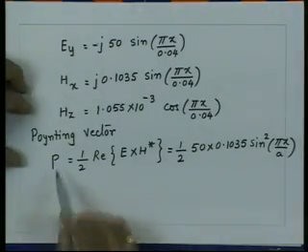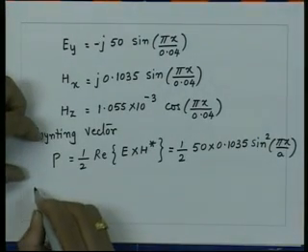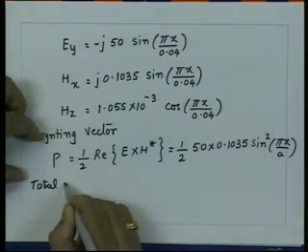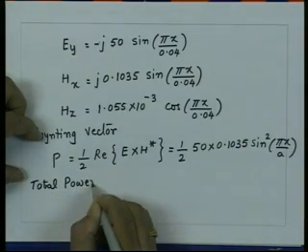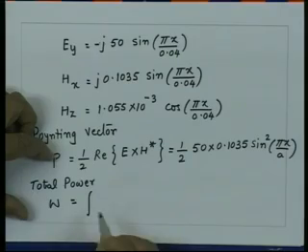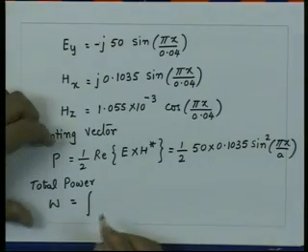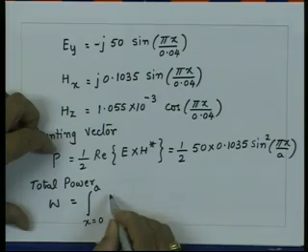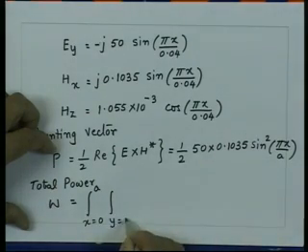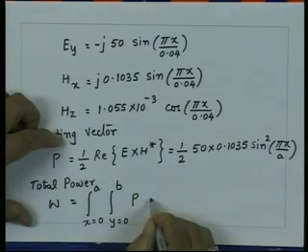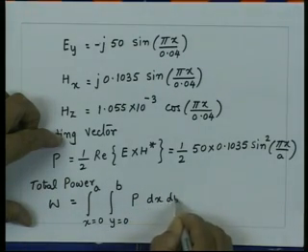Once I know this Poynting vector, then I can find out the total power carried by the waveguide W, that will be equal to the integrated Poynting vector over the cross section. So, x will be 0 to a, y is equal to 0 to b, Poynting vector dx dy.